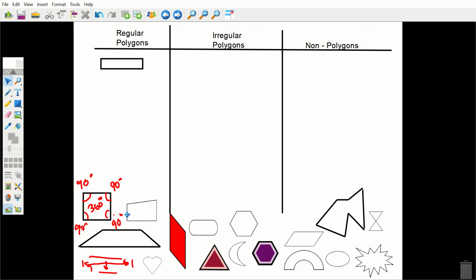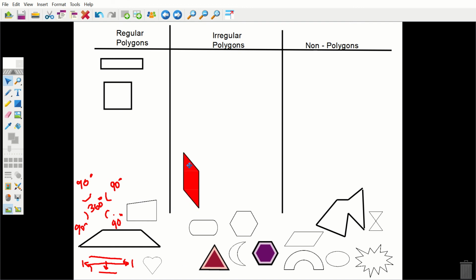Similarly, this square, as we determined, is a polygon. It's a closed plane figure. It's made up of line segments. All angles, when added up, equal 360 degrees. Therefore, it is a polygon. We also look at whether the opposing sides are equilateral, meaning the same length, and the opposing angles are equiangular, meaning they're the same angle, and therefore this would be a regular polygon as well.